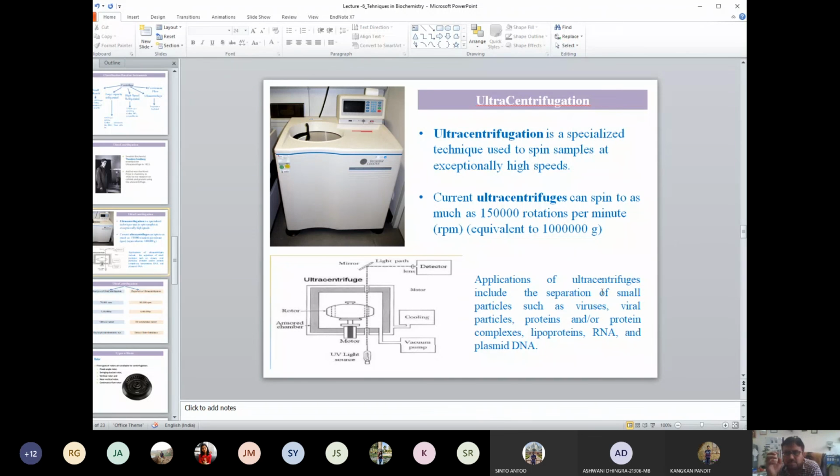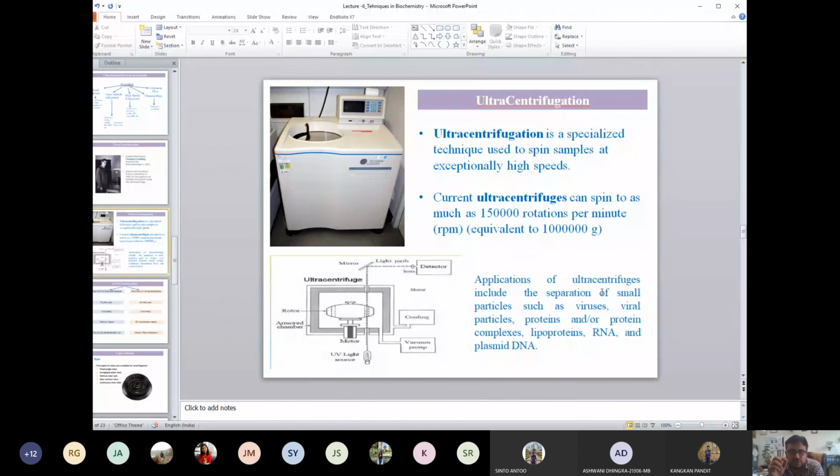The only problem with ultracentrifugation is that a lot of setup is required before using this ultracentrifuge. Once you have taken sample in your centrifuge tube, first you have to weigh all those centrifuge tubes so that they have equal weight. Even if there is a fluctuation of a few grams, when you feed your sample into the ultracentrifuge, the centrifuge will not switch on. It will say there is an imbalance in the centrifuge tube.